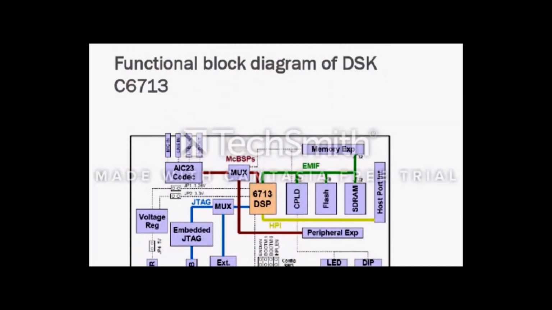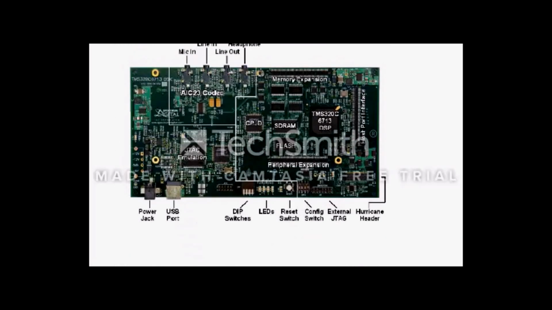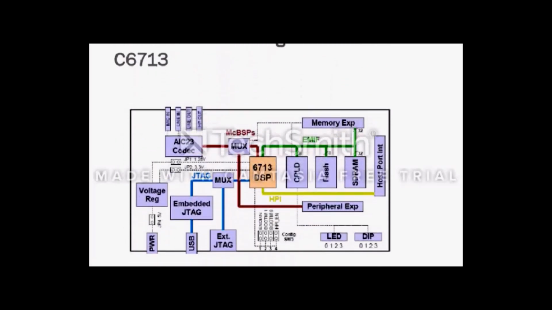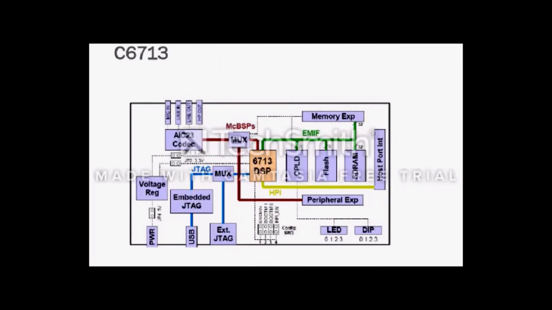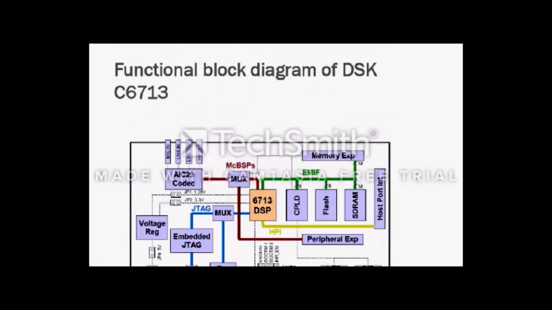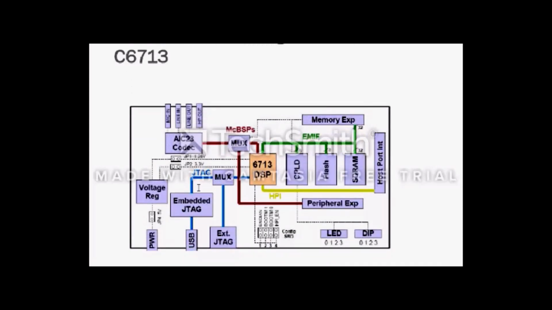We can see that it's nothing but a replication of the pictorial diagram in the functional block diagram. So we can see that all the interfaces are connected to the DSP board through multi-channel buffered serial port, and the DSP applications can be debugged by using the onboard JTAG emulator, which will be connected to the computer through USB cable.